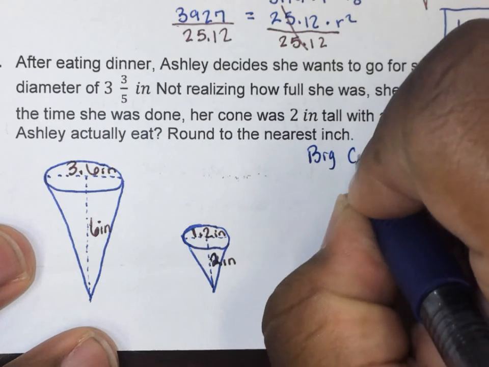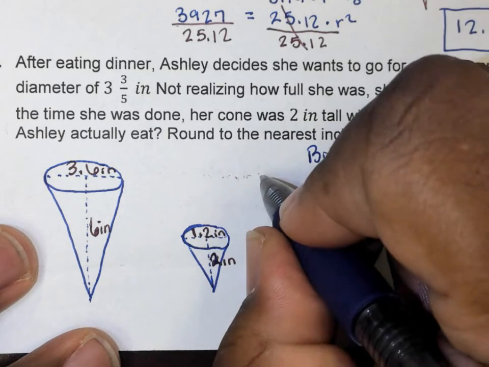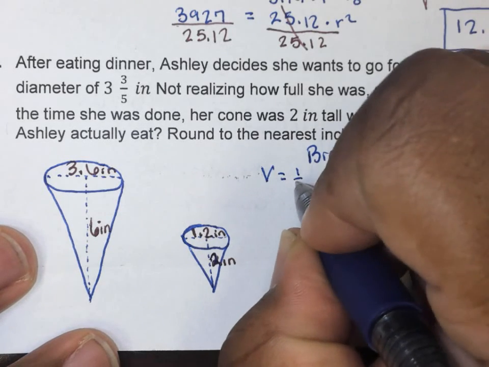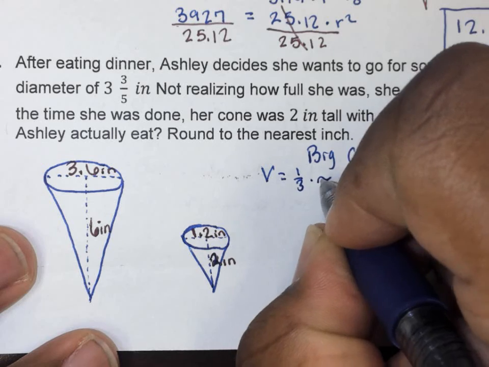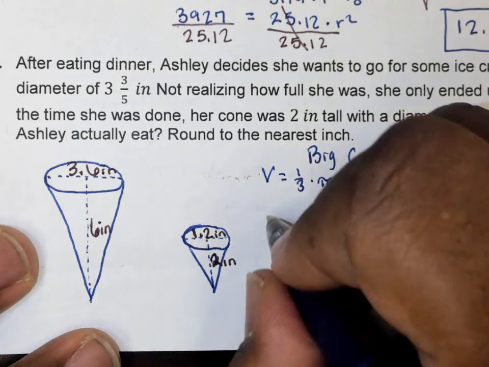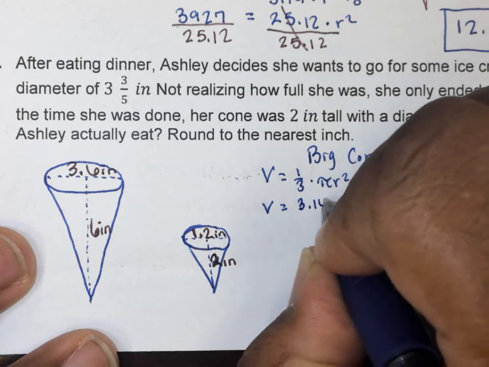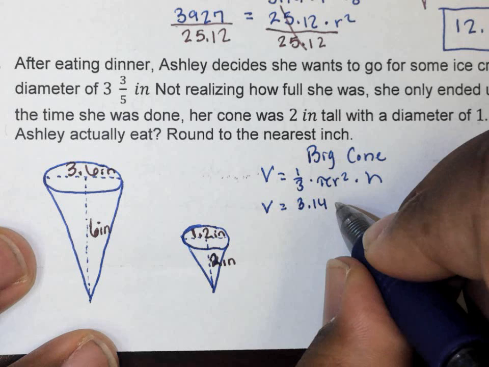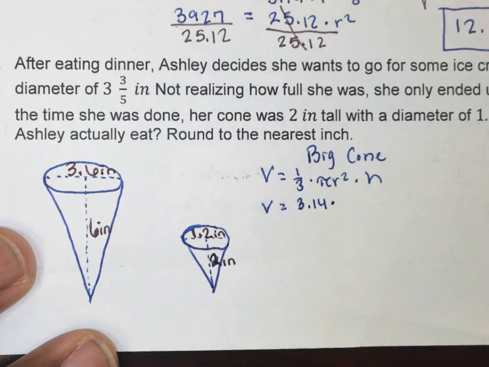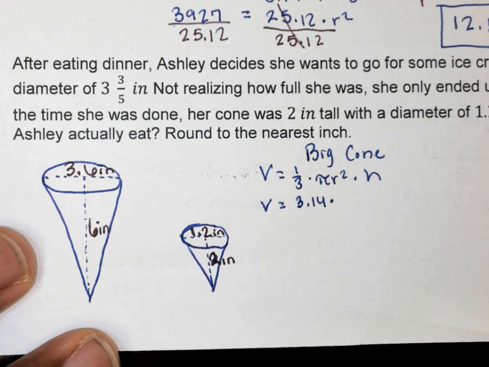Big cone. You know it's a cone. Let's start here. Volume equals 1/3 times pi r squared times height. Volume equals 3.14 because we're moving the 1/3 to the bottom. I just like to keep reminding y'all so y'all won't think it disappears. Times the radius of our big cone.